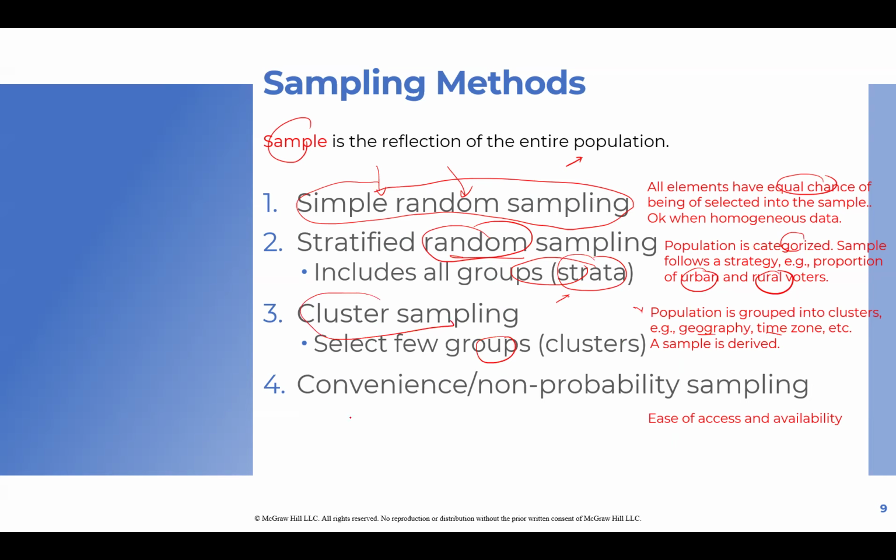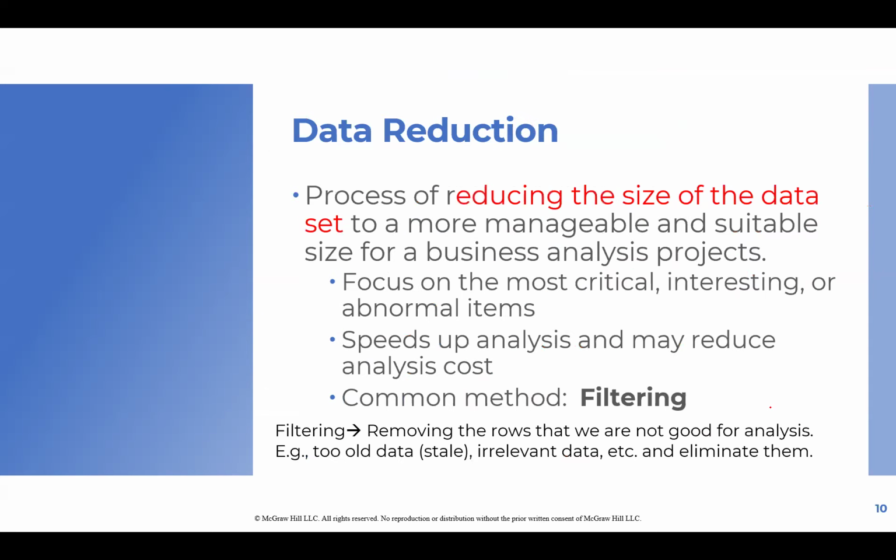Convenient sampling means the most economical way of sampling; ease of access and availability is the basic criteria. You don't want to spend too much money finding the data points. Data reduction: sometimes when it becomes too much, you can reduce the data.